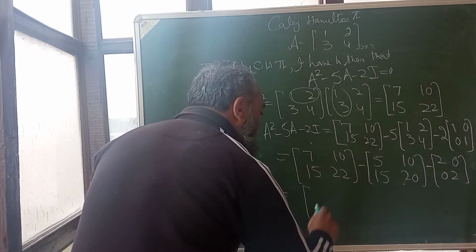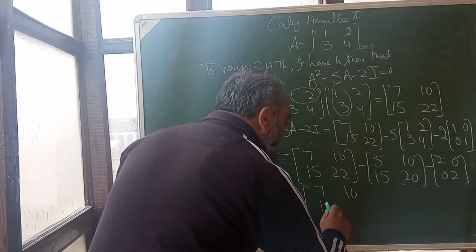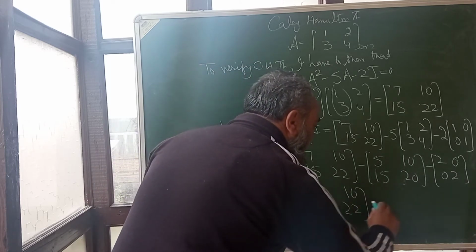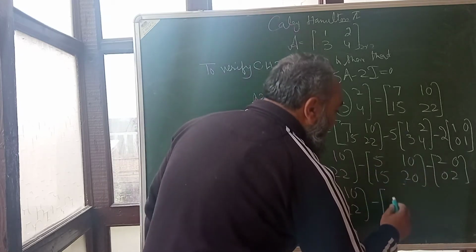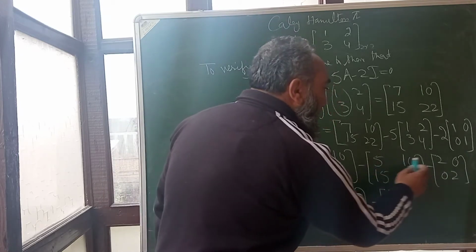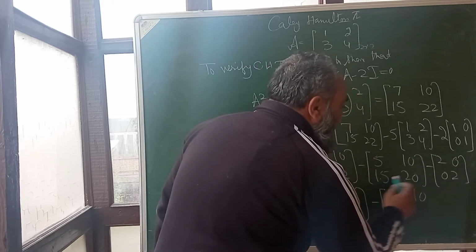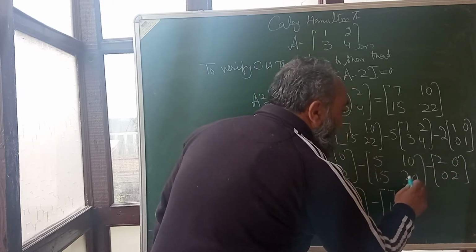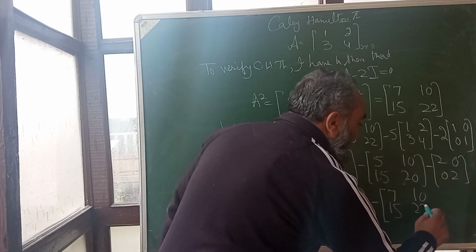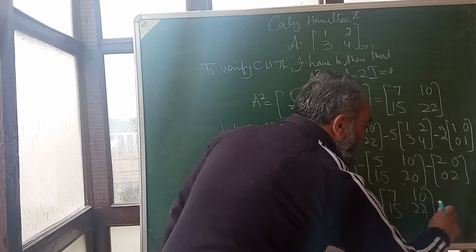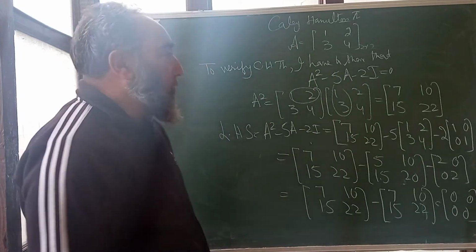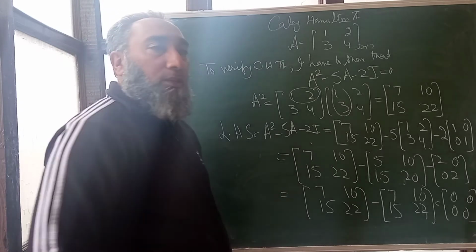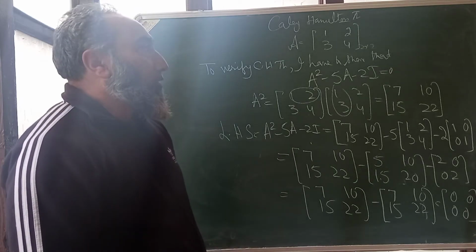Finally this is 7 minus 5 minus 2, it is 0. 10 minus 10 plus 0, it is 0. 15 minus 15 plus 0, it is 0. 22 minus 20 minus 2, it is 0. So this is [0, 0; 0, 0]. So this is true that every square matrix satisfies its characteristic equation.